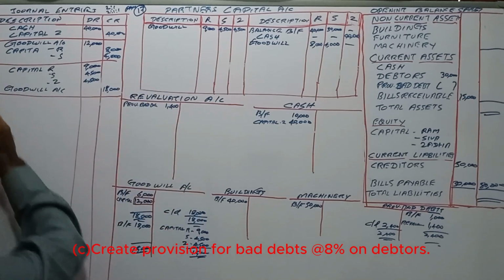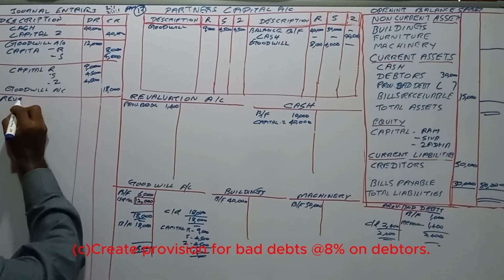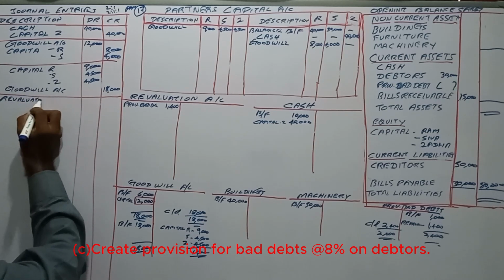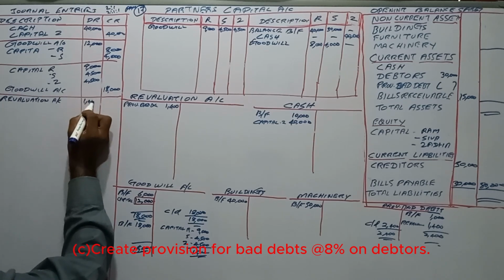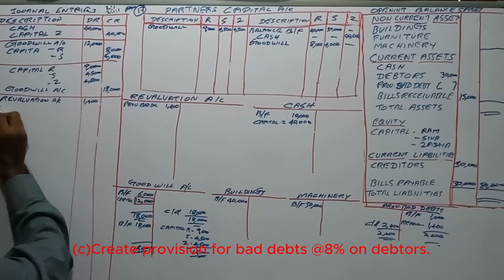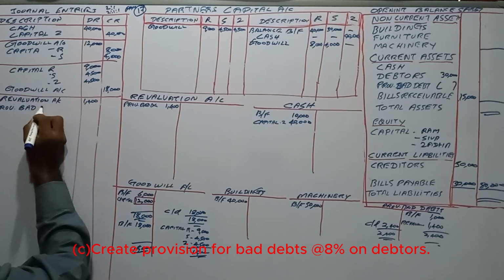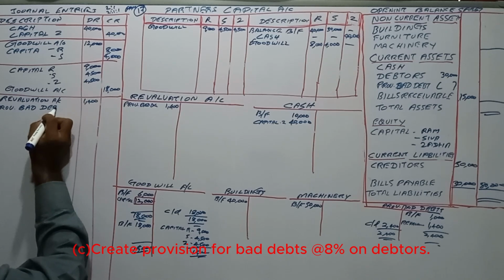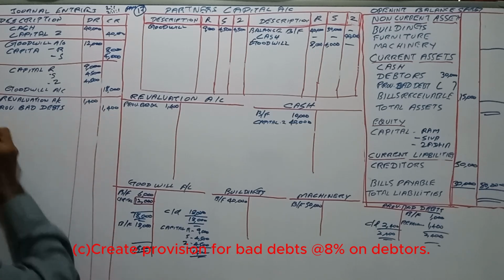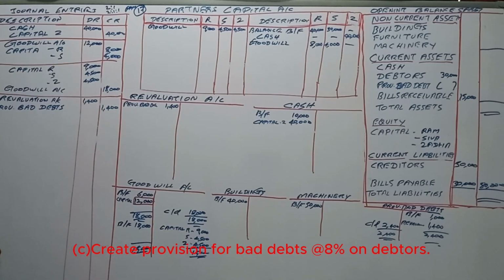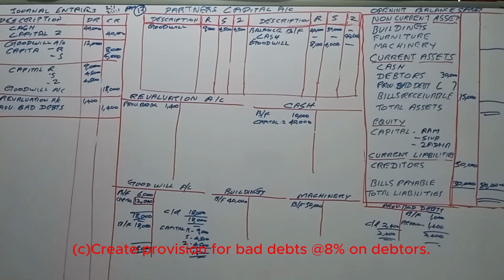What is the journal entry? Revaluation account debit 1,400 and provision for bad debts credit 1,400. Right? You know the narration, right? Narration: you have to write it off.